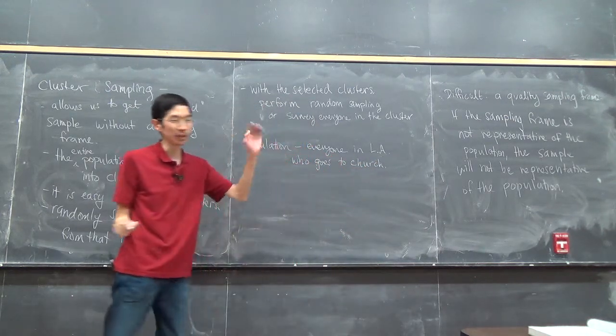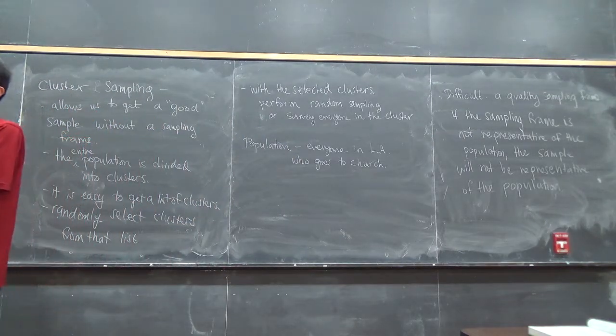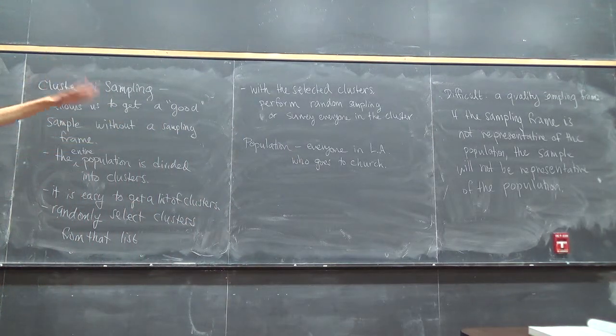And so you want to take a random sample from that. Well, to do that, you would need a list. Your sampling frame would be everybody who goes to church. That's a difficult sampling frame to obtain.